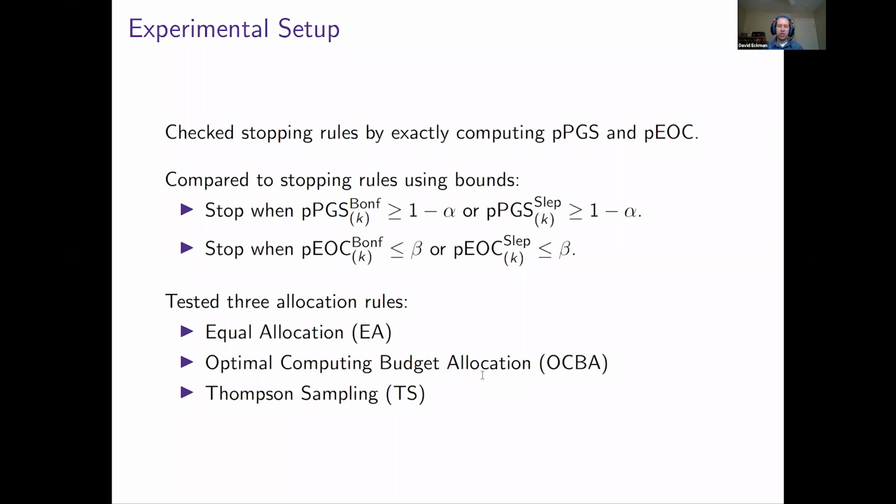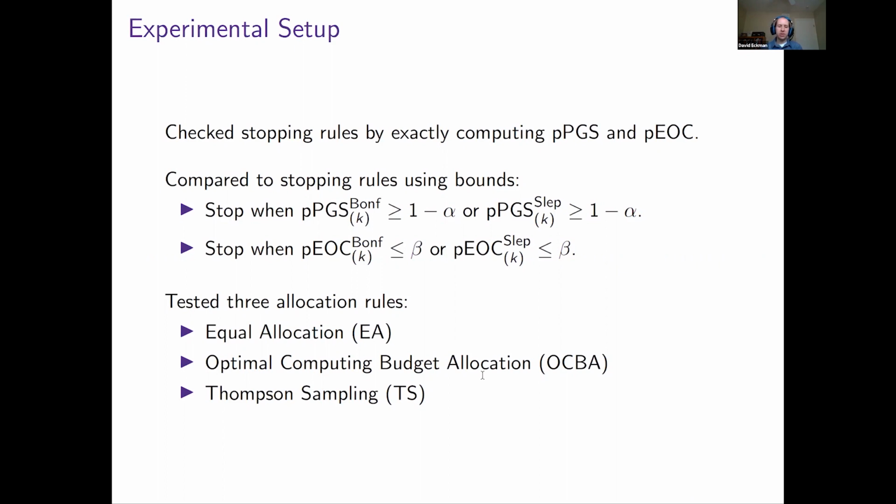Optimal computing budget allocation, OCBA, is an algorithm that samples sort of myopically to either maximize the posterior PGS or minimize the expected opportunity cost of the solution that looks best, under an assumption that if you take an extra sample or an extra observation at a solution, its posterior mean is going to be unchanged, but its posterior variance will have shrunk.